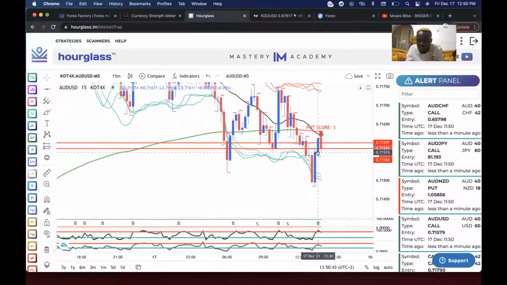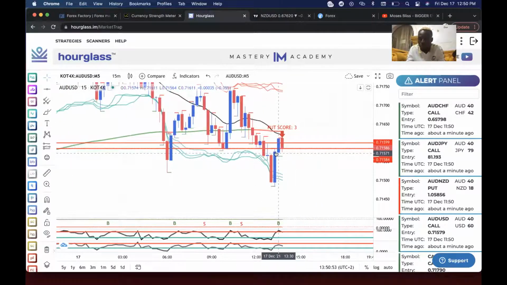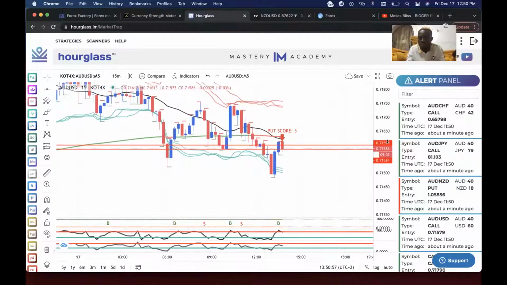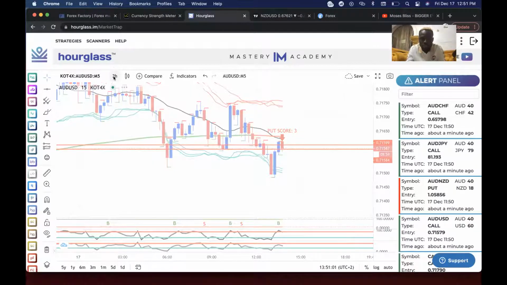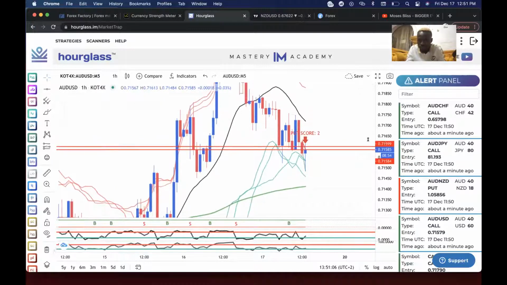Can you see the 15-minute candle all the way from since 12:30, bought all the way up, then the 45-minute candle is the one bringing it down. At times, you need to understand how the 15-minute candle can affect the movement of price, and how the 1 hour candle can supersede what 15 minutes is asking you to do. So that is why you actually need to be aware.